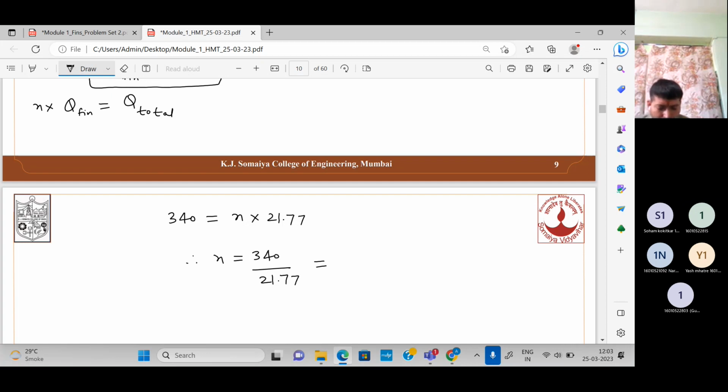Okay, so the calculated value is 15.61. So we will take the higher number. This 15.61 is coming, so the number of fins will be 16.